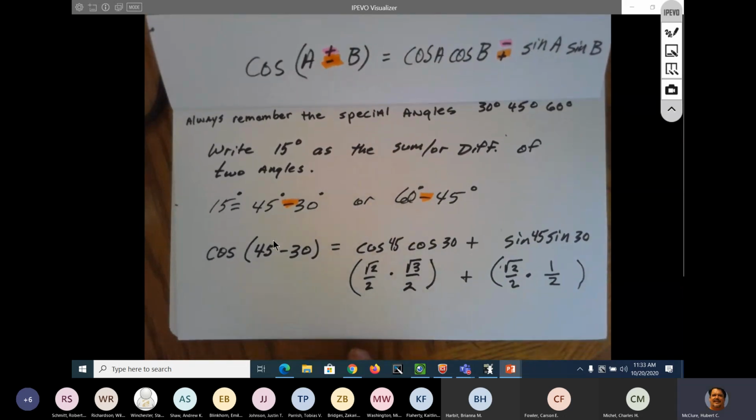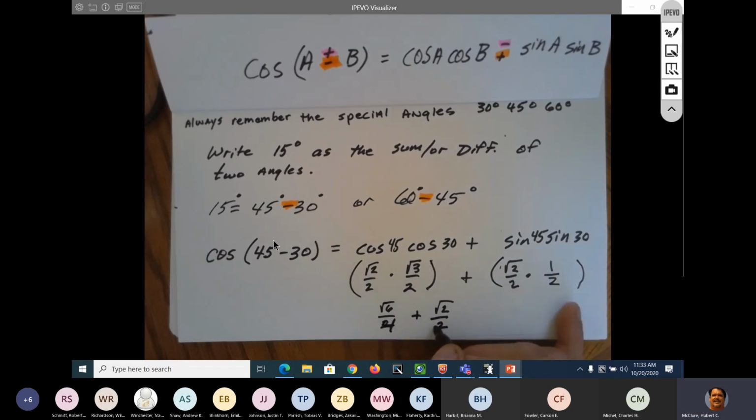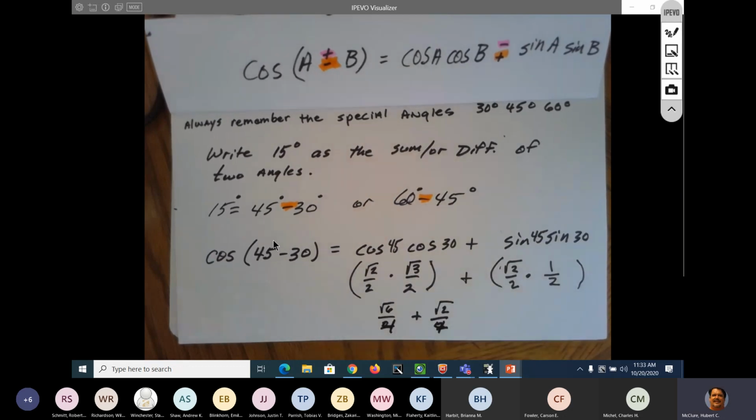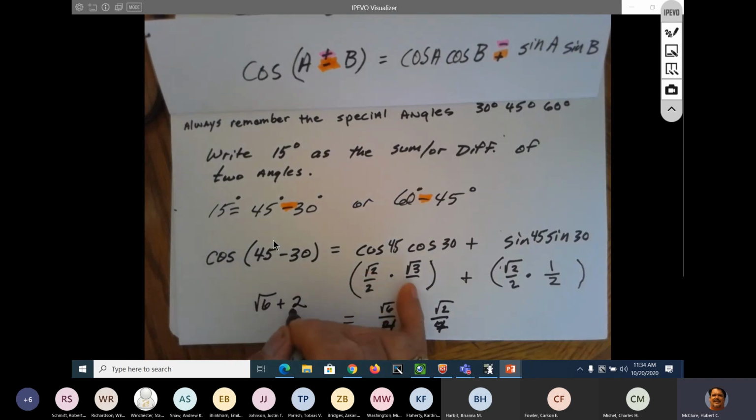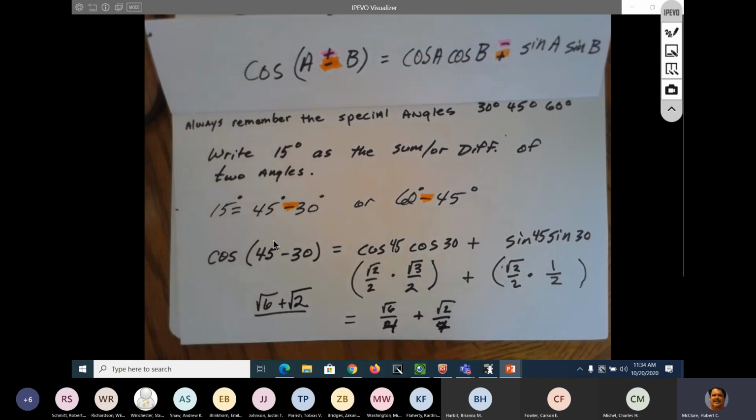Square root of 6 over 2, plus square root of 2 over 2, over 4, sorry. And that's going to be equal to the square root of 6 plus 2 over 4.